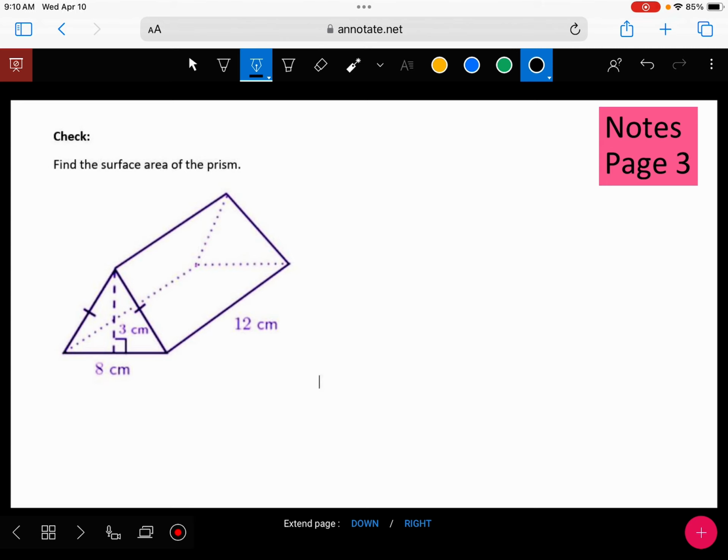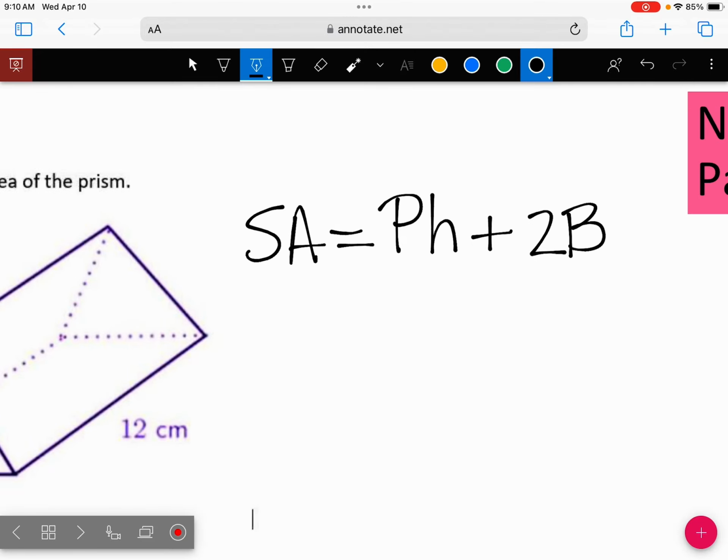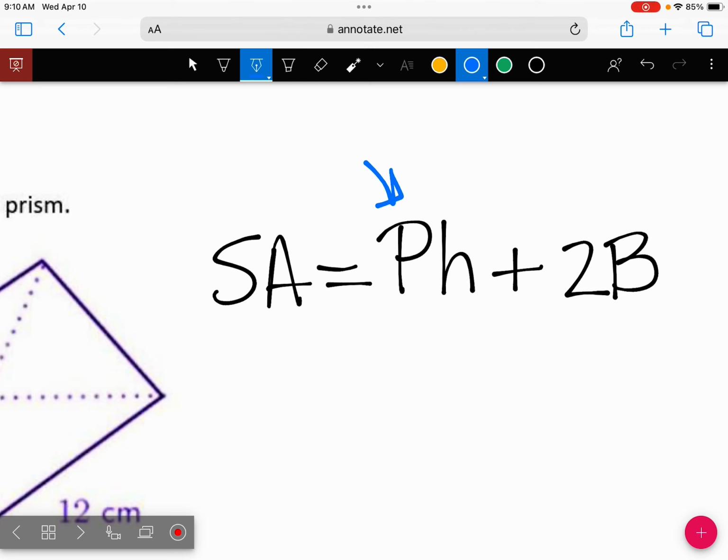So let me write the formula for the prism. And it's only asking us for the surface area. So surface area of a prism is going to equal perimeter times height plus 2 times B. Now P stands for perimeter.